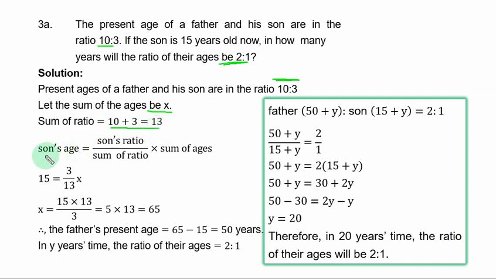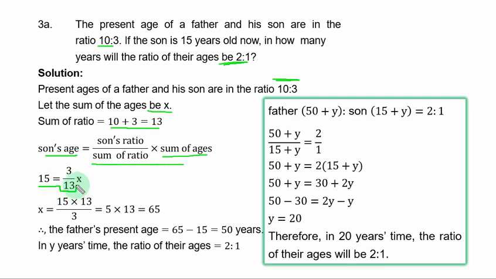So we have son's age is equal to son's ratio over sum of ratio times sum of ages. If we are to get the son's age, this formula will help us to get it. Now the son's age is known, sum of ages is needed. So you have 15 equal to 3/13 times s.